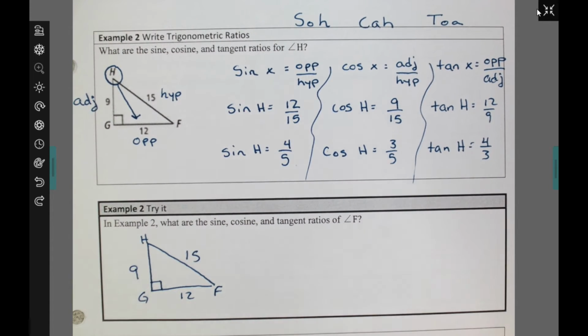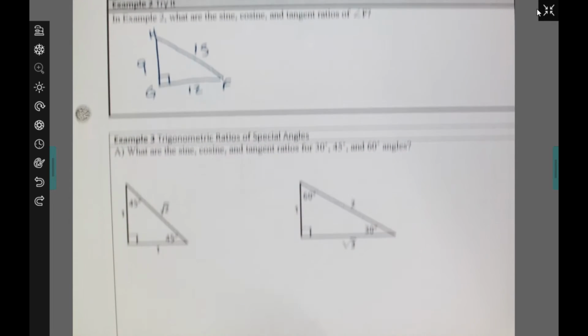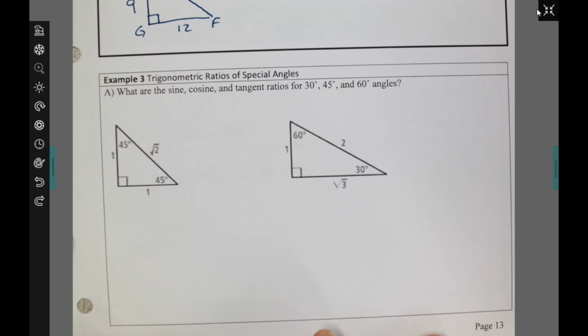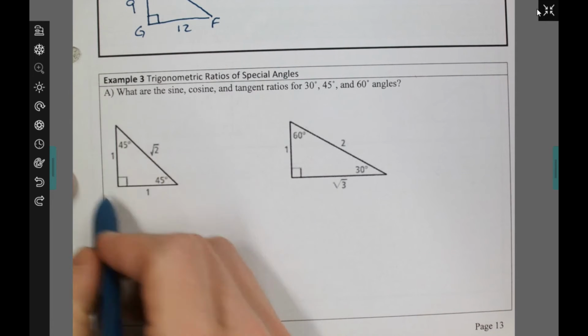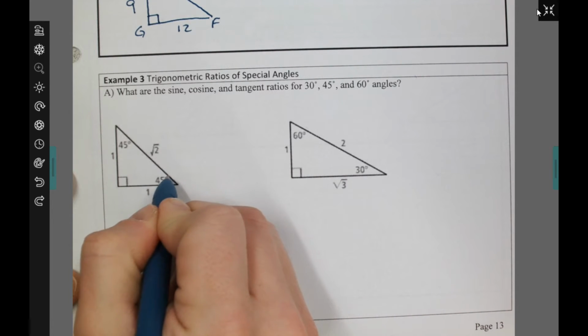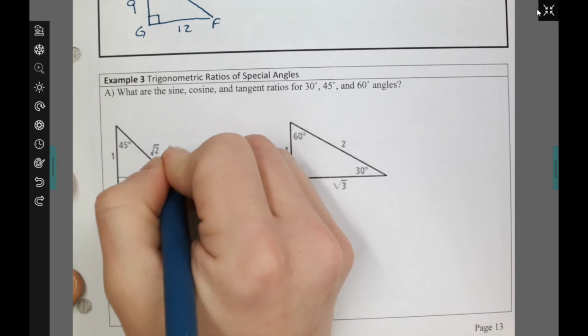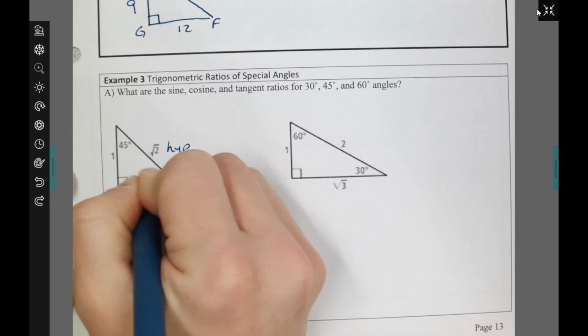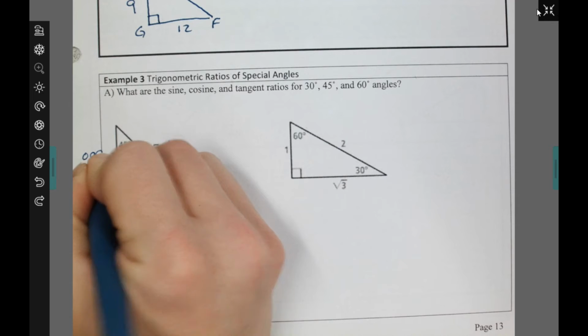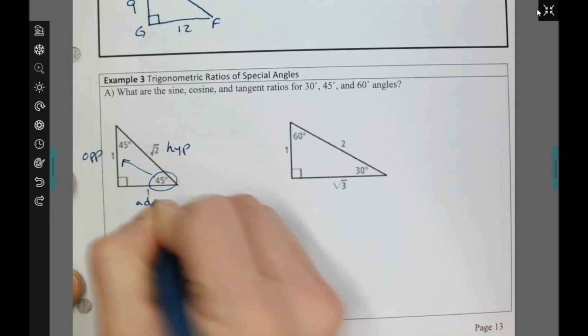Example 3, they give you special angles, so special right triangles. We already quizzed on this and you have a formula for it, but you could also do this with sine, cosine, tangent. For the 45, 45, 90, pick one of the 45s and label. I got my hypotenuse, opposite, and here's my adjacent.